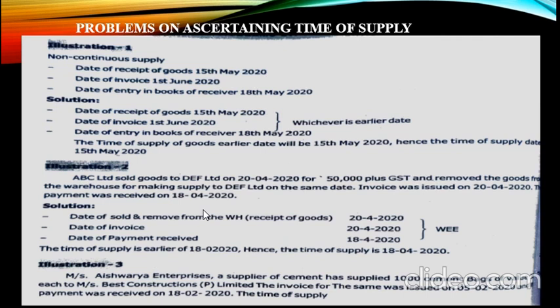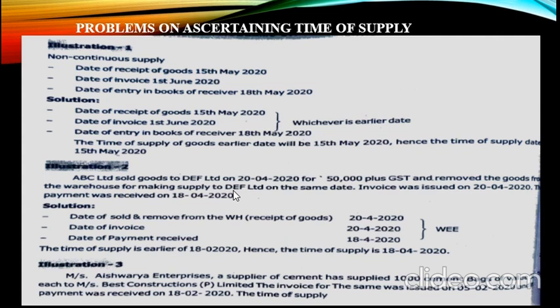Next, under illustration 2, ABC Limited sold goods to DEF Limited on 28th April 2020 for 50,000 plus GST and removed the goods from the warehouse for making supply to DEF Limited on the same date. Invoice was issued on 20th April 2020, that is in the month of April.